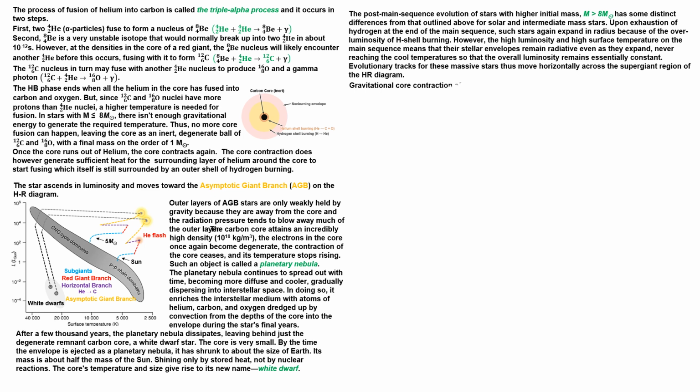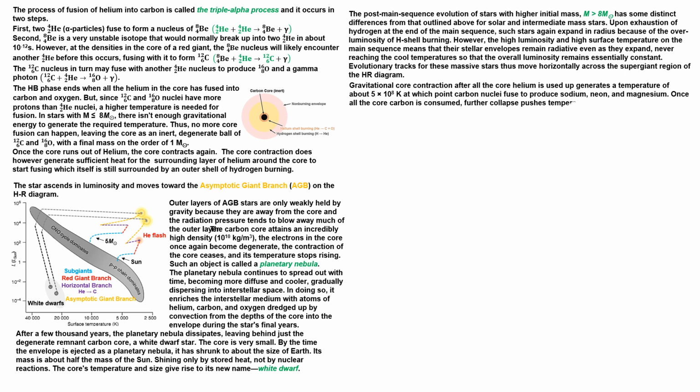Gravitational core contraction after all the core helium is used up generates a temperature of about 5 times 10^8 Kelvin, at which point carbon nuclei fuse to produce sodium, neon, and magnesium. Once all the core carbon is consumed, further collapse pushes temperatures to about 10^9 Kelvin, and the same cycle repeats until the core becomes hot enough for the next nuclear fuel to burn.